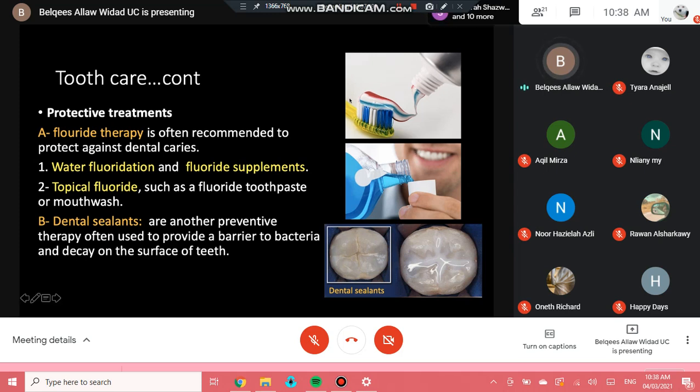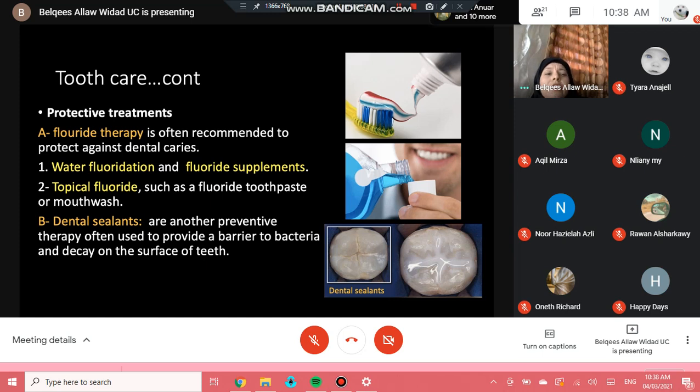Or we can give it as a supplement. Also, there is a fluoride tablet you can take to prevent formation of tooth caries. The typical fluoride that we use daily is the toothpaste. Of course, the toothpaste contains a concentration of fluoride to prevent tooth caries formation. And the mouthwash also contains some concentration of fluoride.